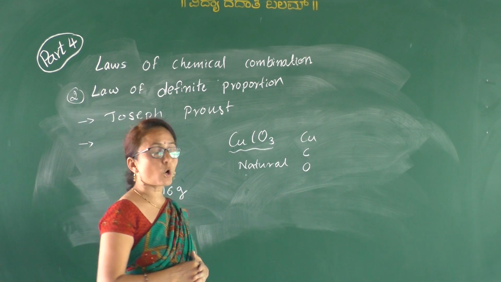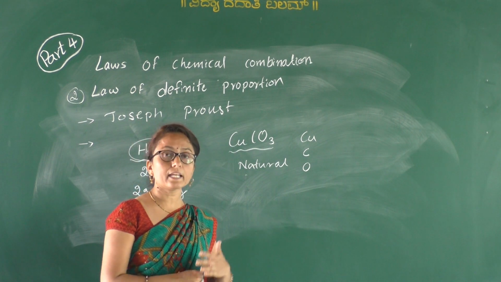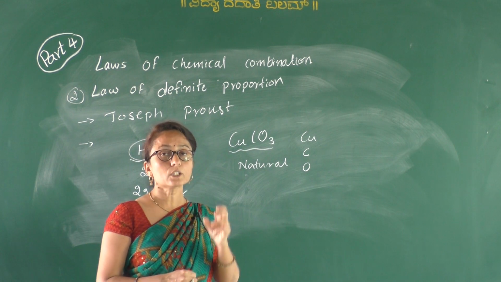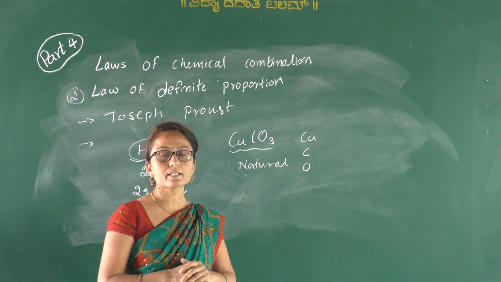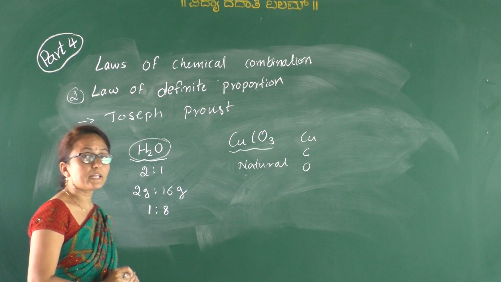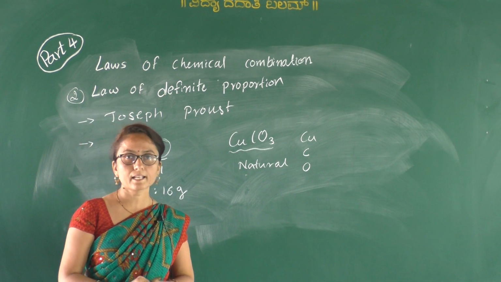So not only this copper carbonate, you can take calcium carbonate, or you can take HCl, any compound, that given compound irrespective of its source, it always contains exactly same proportion of elements by weight. So that is the law of definite proportion or the law of constant proportion. Clear? Okay.